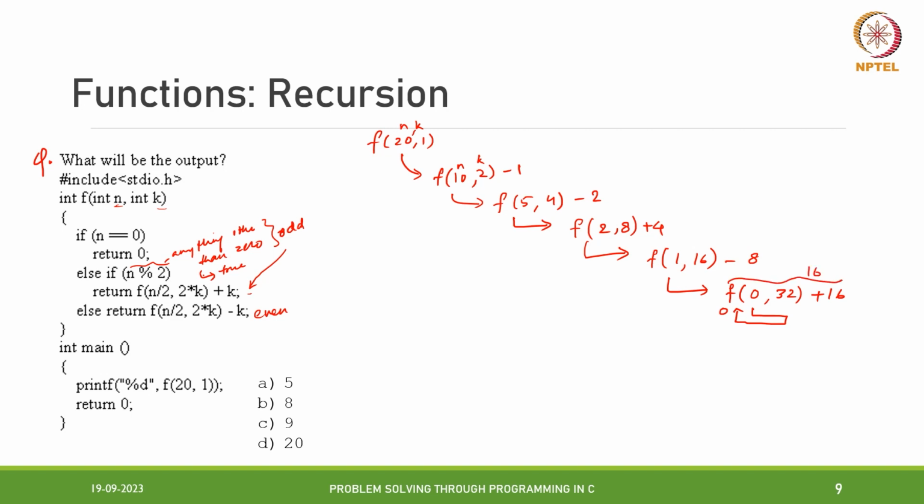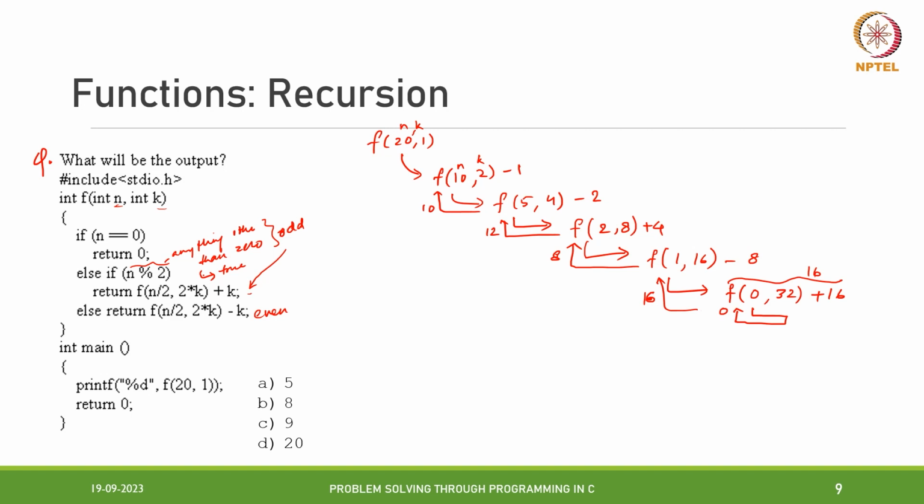So this entire part will return 16 here. Now if this returns 16, 16 minus 8, so becomes 8, right? So this will return 8. So this returns 8, 8 plus 4, 12. So this returns 12. 12 minus 2, 10. So this part returns 10.